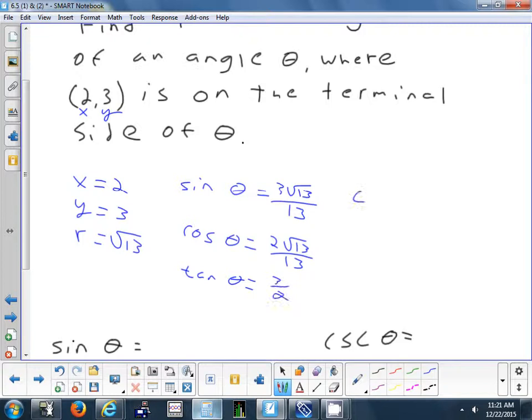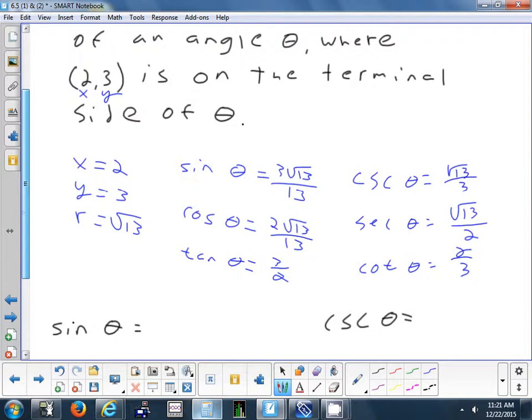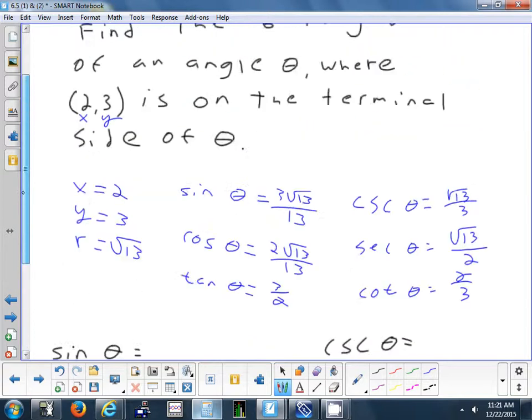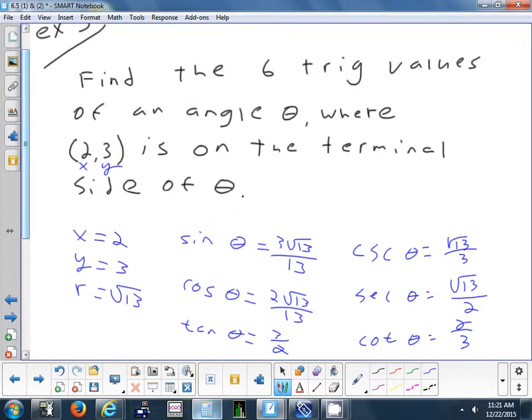How about my cosecant? Square root of 13 over 3. That's r over y. My secant? Good, square root of 13 over 2. And my cotangent? Yep, 2 over 3. And I already had all those written. Anyway, those are the answers.